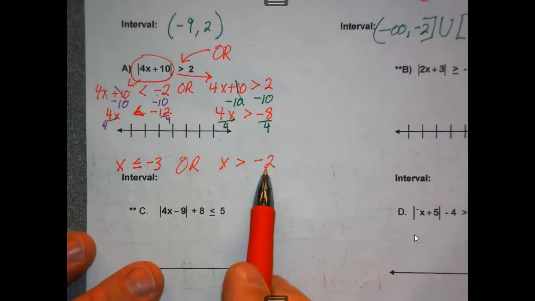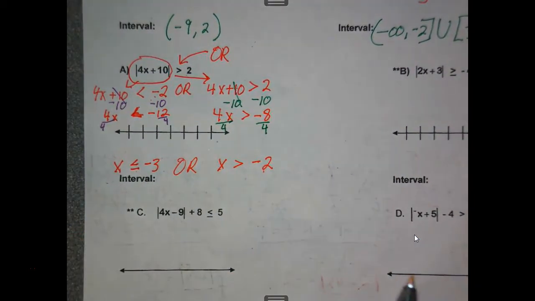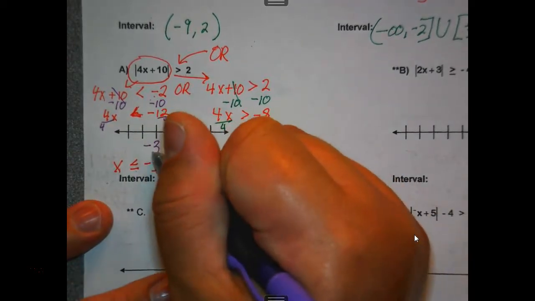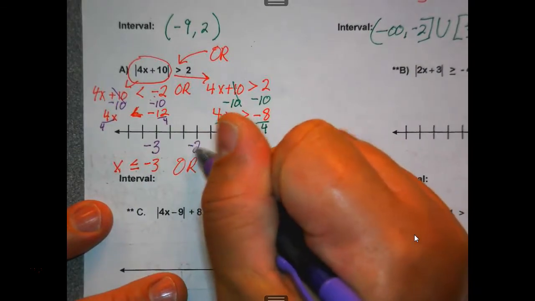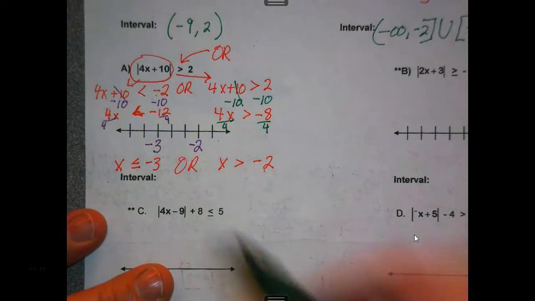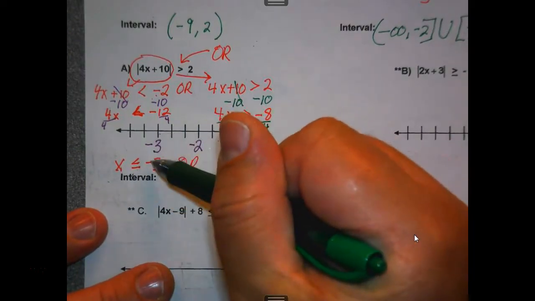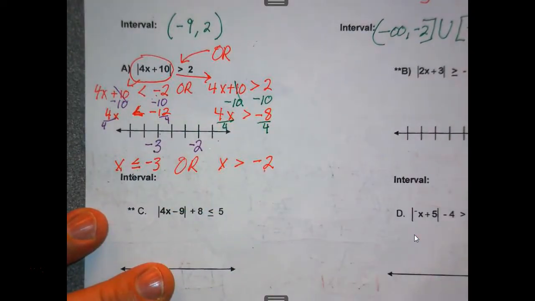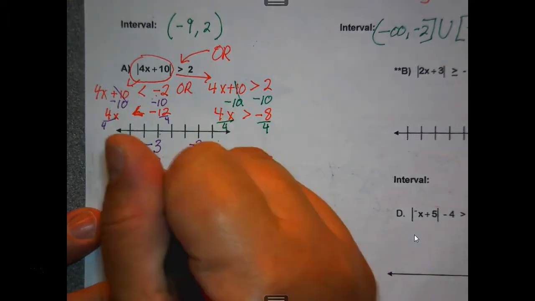See how my bigger number's on the right-hand side? Are you with me? Smaller number, bigger number. Want them going the opposite ways. Follow the arrows. I did it again, didn't I?